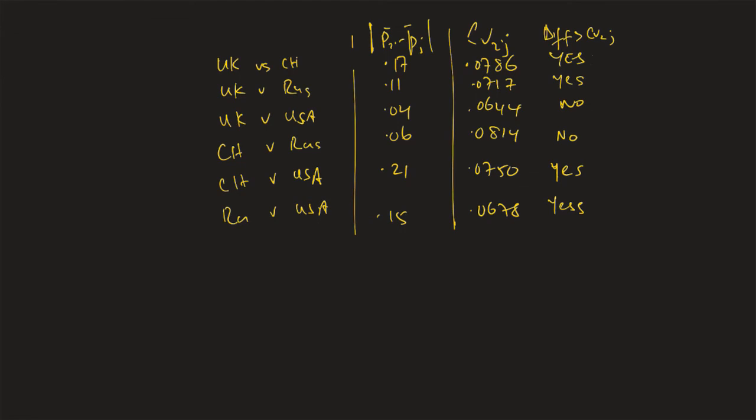As you can see visually, USA is 0.64, UK is 0.6, compared to Russia 0.49 and China 0.43. So those 2 countries, China and Russia, won't be different from each other, and neither will the UK and USA, because they both are pretty high, 0.6 and 0.64.